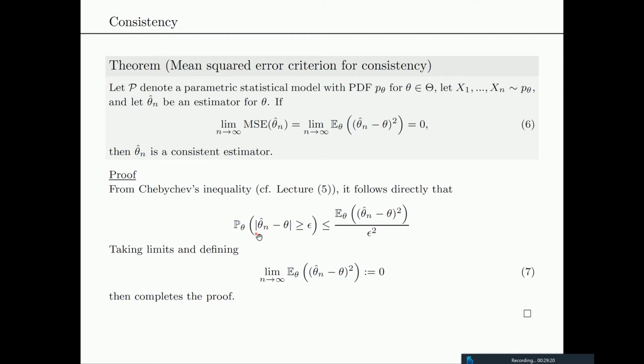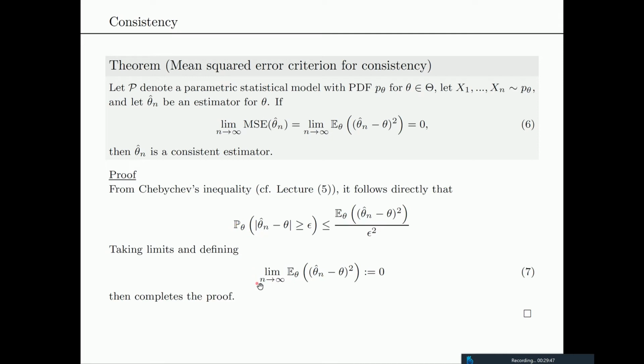Chebyshev's inequality says that this probability here is always smaller or equal to this entity here, which is just the mean squared error. Now, if you talk about limits and you assume that the limit of the mean squared error is 0, because this is always smaller or equal to, then of course in the limit this is also 0.